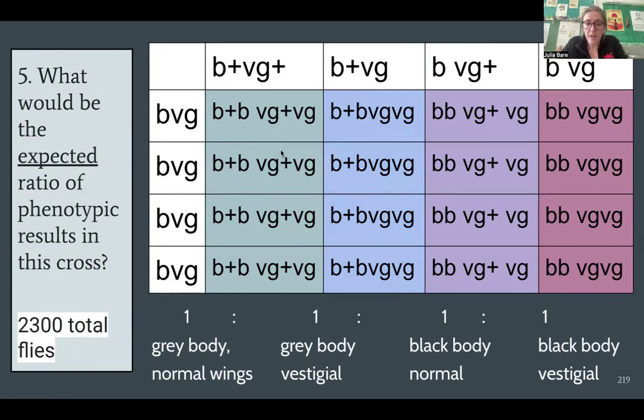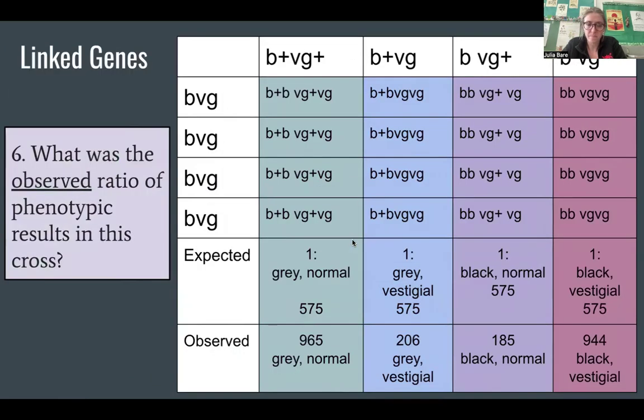You should have a 1:1:1:1 ratio of gray body, normal winged flies, gray body, vestigial winged flies, black body and normal winged flies, and black body, vestigial winged flies. I've highlighted the different genotypes, or the different phenotypes, I should say, here. So this is what your expected value should be.